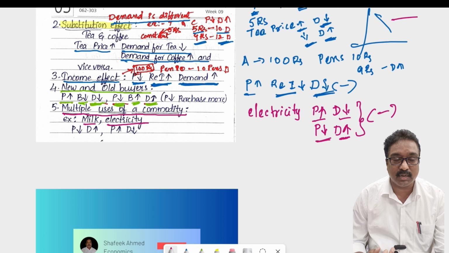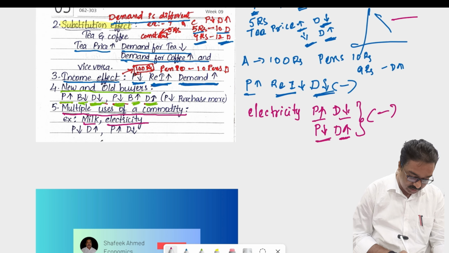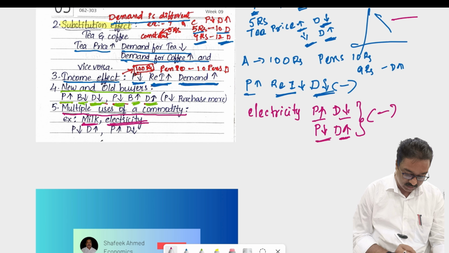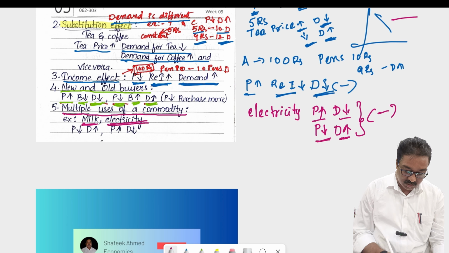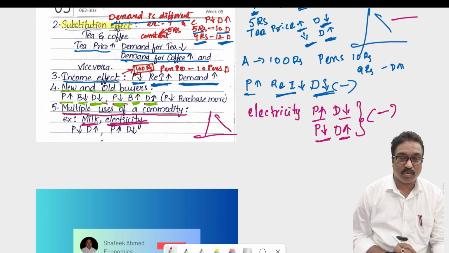Generally when the milk price is very high, per liter 200 rupees, 300 rupees, automatically those multiple uses also decrease, and milk-made products' demand will decrease. There is a negative relationship between price and demand for milk and electricity. That's why the demand curve goes from left to right, downwards.